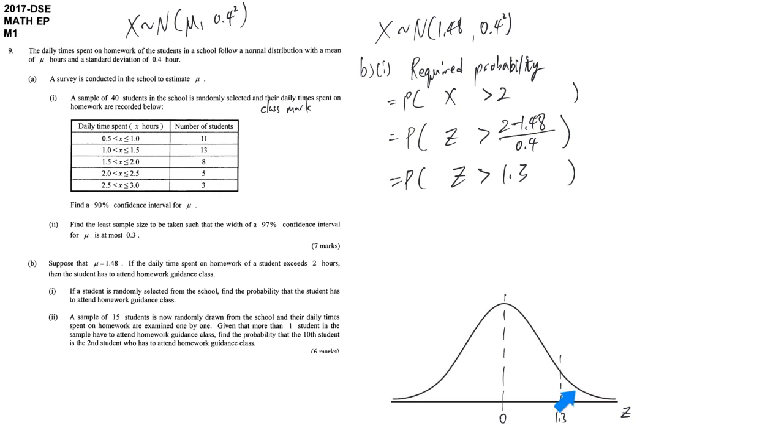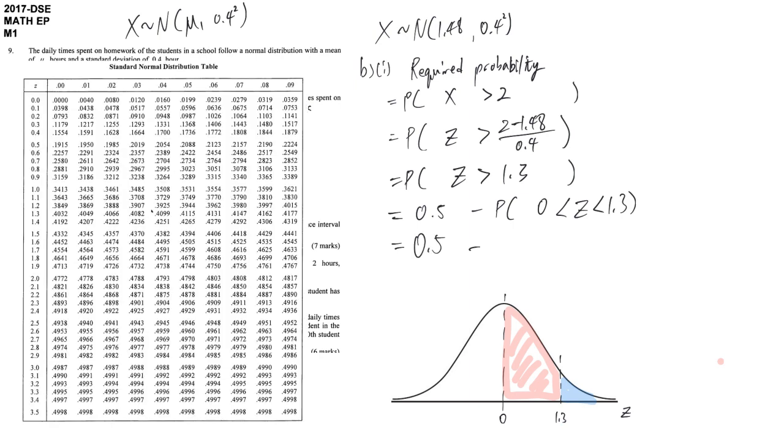We are interested in this area when the standard score exceeds 1.3, but from our table we can get this area only. That's why, to get our target, the blue region, we have to use 0.5 and then subtract the red region here. It's equal to 0.5 minus the probability between 0 and 1.3 from the table.